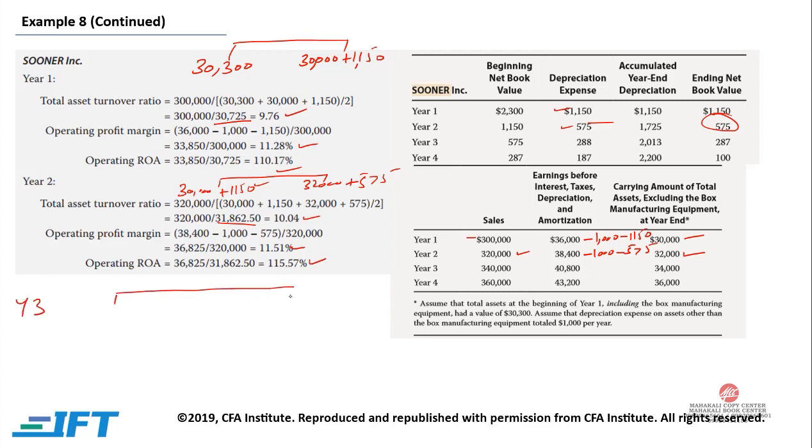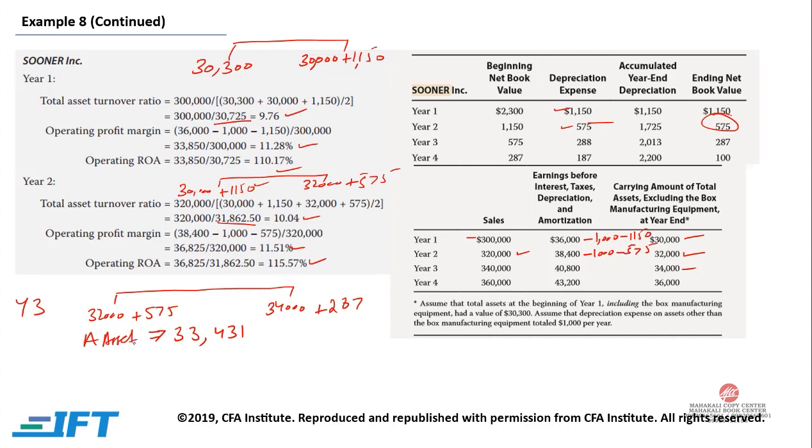Now for year 3, our average total asset first of all would be, so at the end of the second year, your assets are 32,000 plus 575. At the end of the third year, your assets would be 34,000 plus 287. And your average assets would be 33,431.